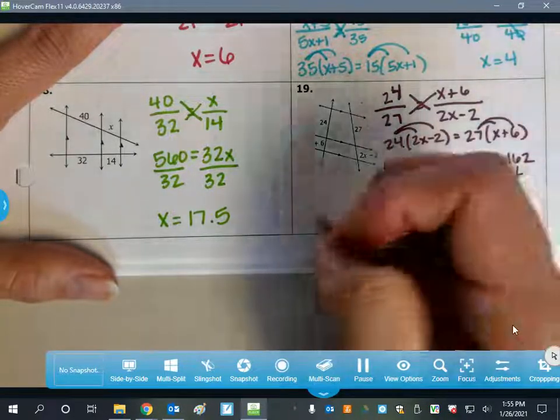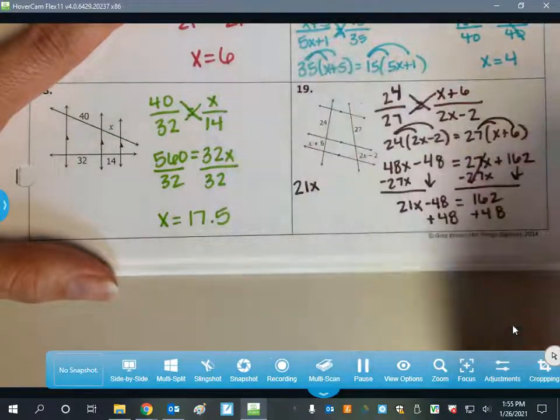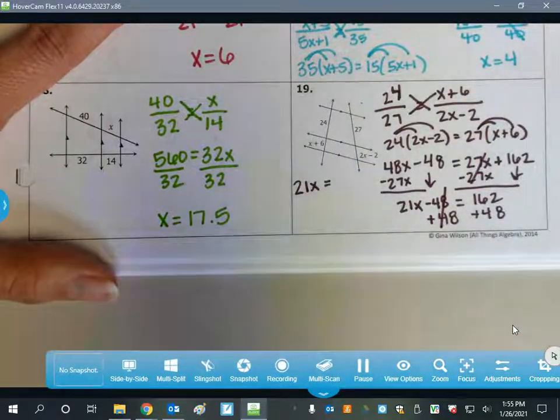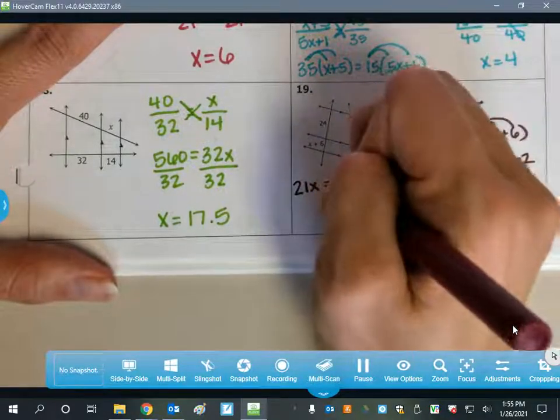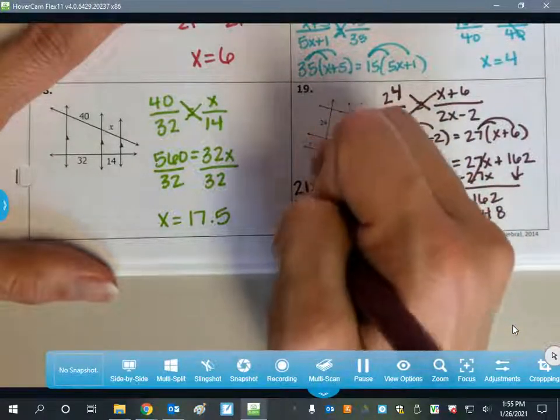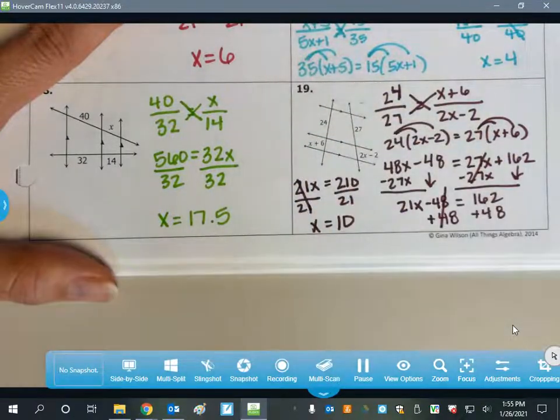Okay, and then 21x, I'm going to write that over here so I have more room. 21x, the 48's cancel, equals 162 plus 48, 210. Divide by 21, and x equals 10.